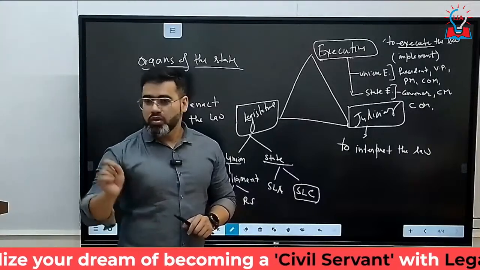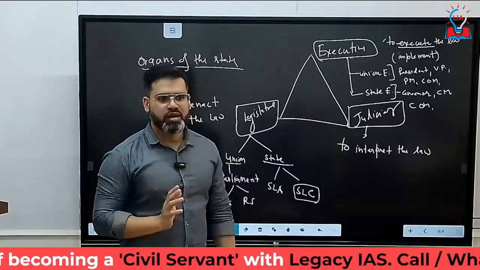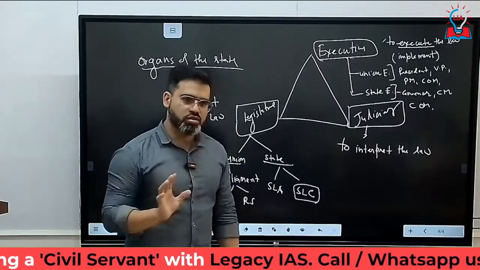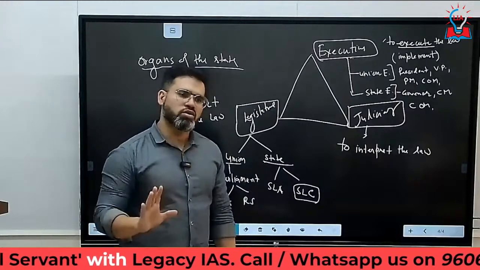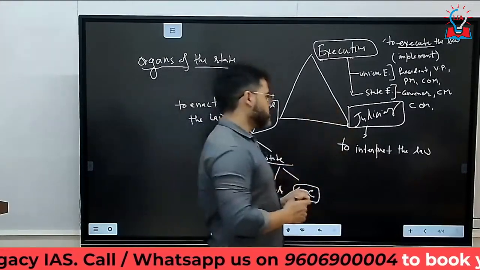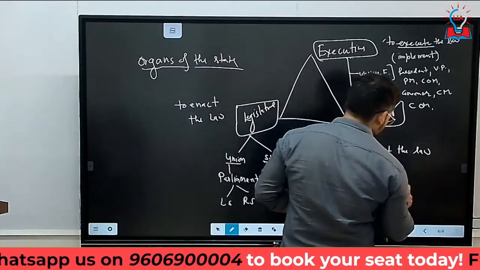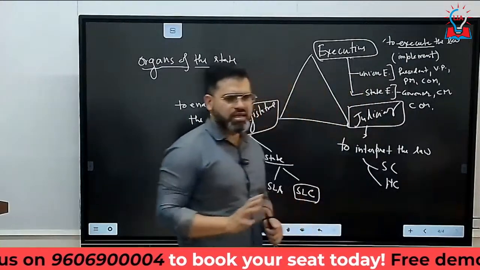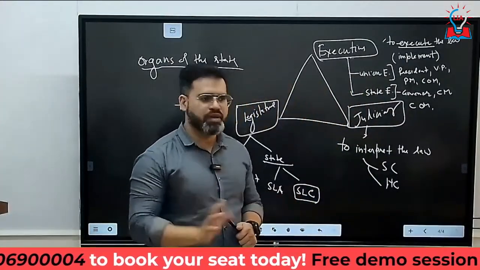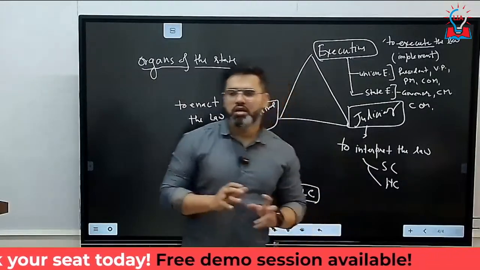That means they check whether the law is constitutional or not, legal or not, reasonable or not. All these things will be interpreted by the judiciary. Examples in judiciary are Supreme Court and High Court. Lower courts do not have this power to interpret the law. Only these two courts, Supreme Court and High Court, have this power.